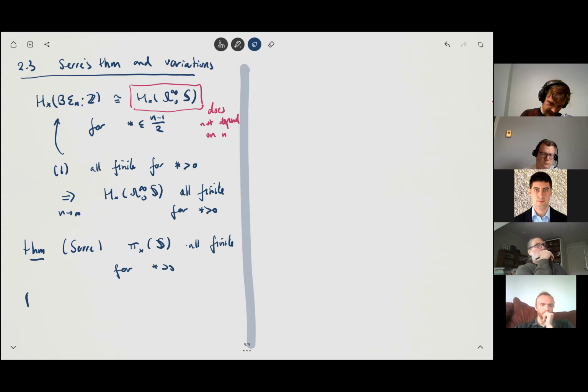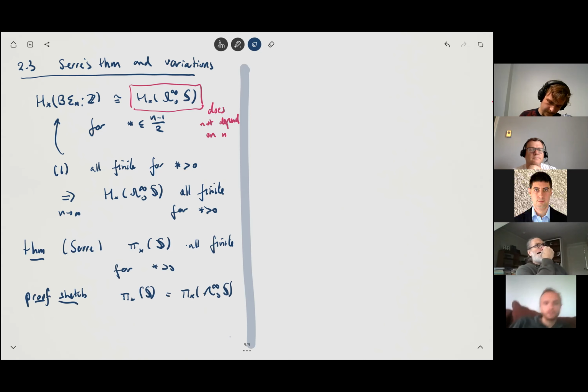So there's a little bit to say here. One is something that I've already said, which is that in positive degrees, pi star of S is pi star of the zero component of loops infinity of S.